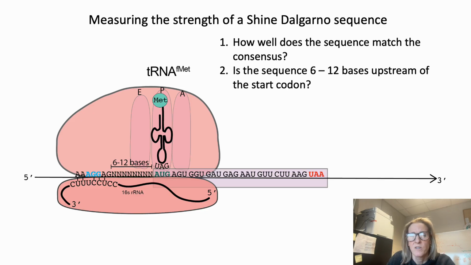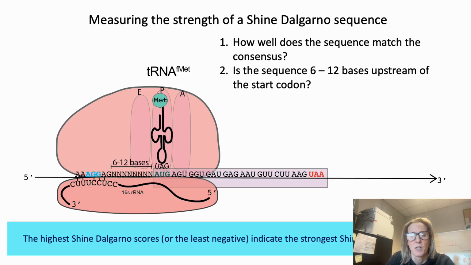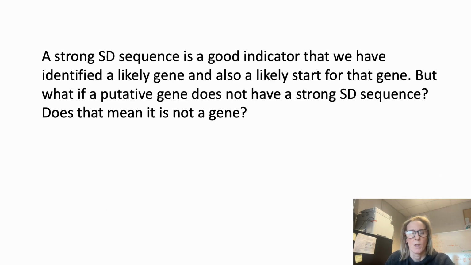The closer a sequence matches the model of the Shine-Dalgarno sequence, the better the score, with the highest scores, or the least negative scores, being the best scores. A strong Shine-Dalgarno sequence is a good indicator that we have identified a likely gene and also a likely start for that gene.